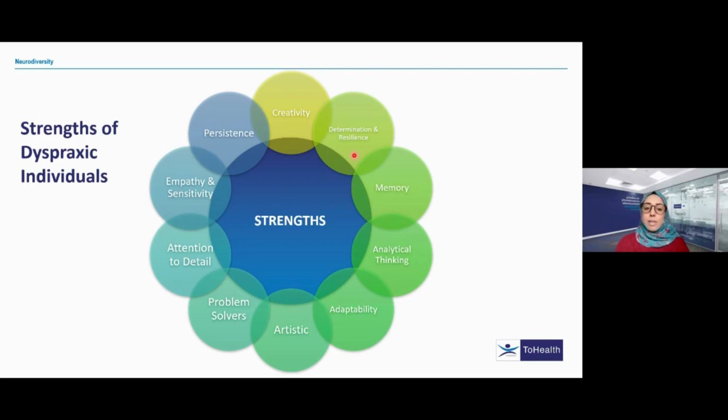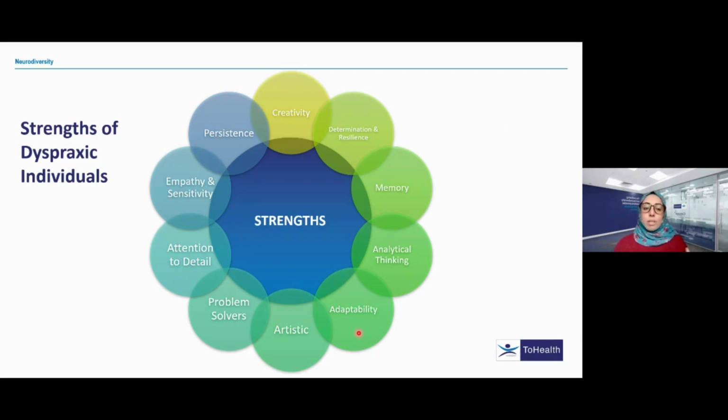So they can develop strong coping mechanisms and perseverance. They can also excel in remembering details, patterns, or sequences, which can be advantageous in various contexts. They can also be very good at breaking down complex problems into manageable components, finding logical solutions.